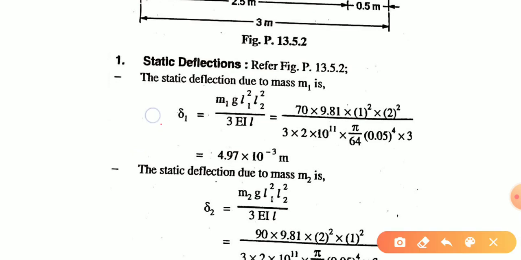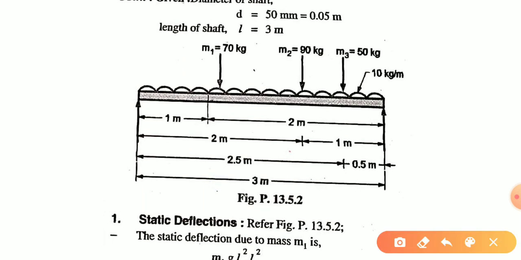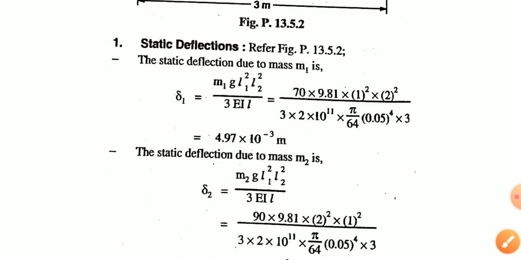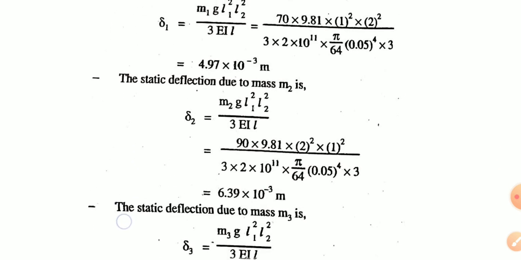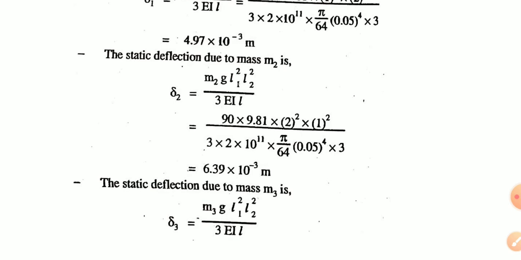So using this equation we can find the static deflection, and for m2 this will be our L1 and L2. Same way for m3 this will be our L1 and this will be our L2. So using the same equation, m g L1 square L2 square upon 3 EI L, we can find the static deflection due to mass m1, due to mass m2 and due to mass m3.